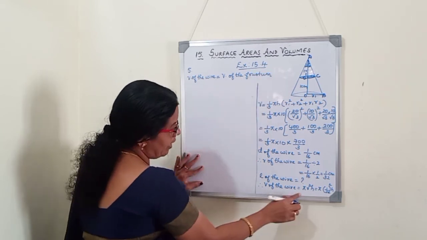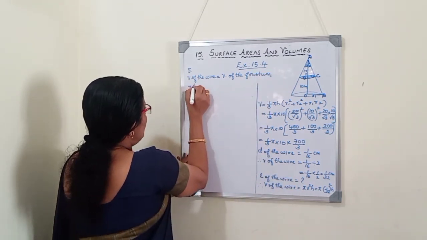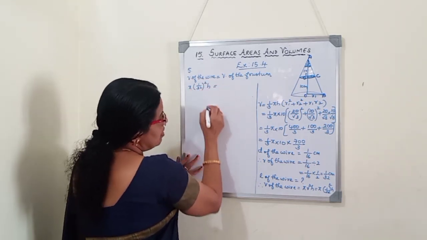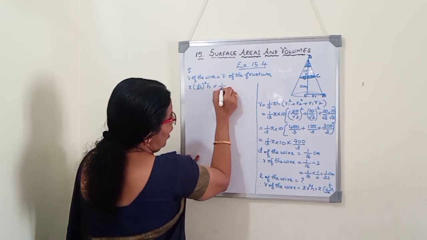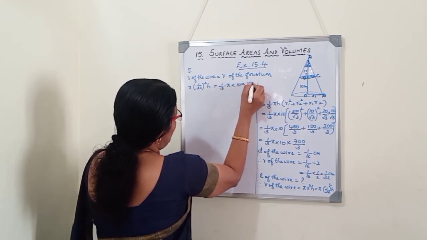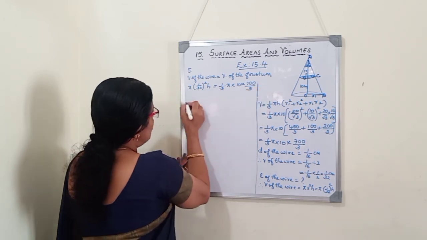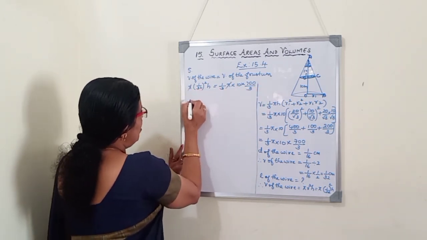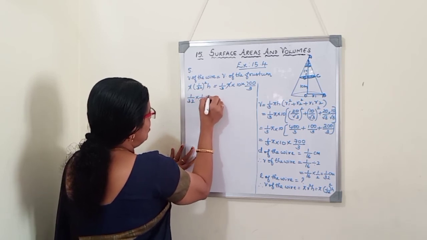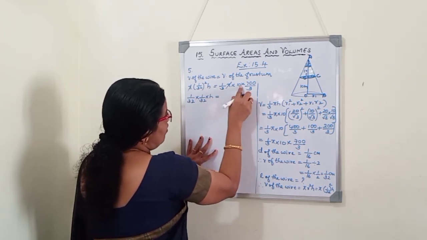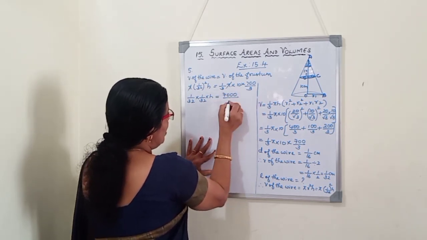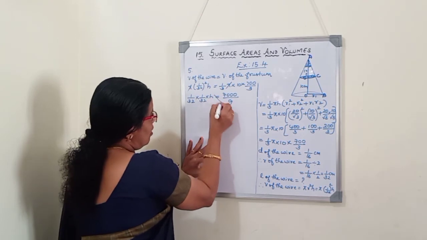Here volume of the wire is pi into 1 by 32 the whole square into h, equals volume of the frustum, which is 1 by 3 pi into 10 into 700 by 3. So here pi and pi we will cancel. 1 by 32 into 1 by 32 into h is equal to 7 into 10, 7000 divided by 3 into 3, 9. Now we will cross multiply.